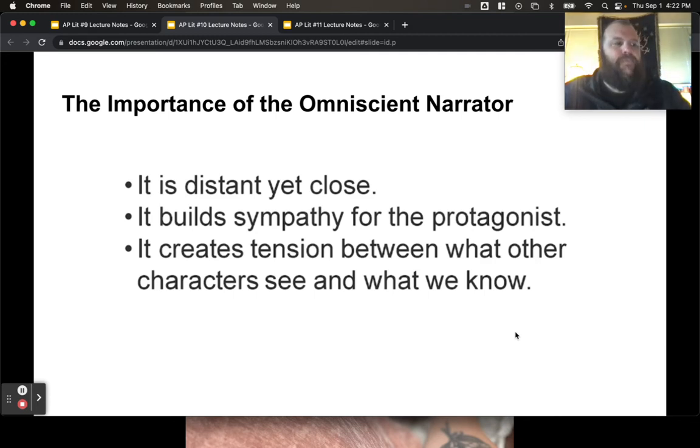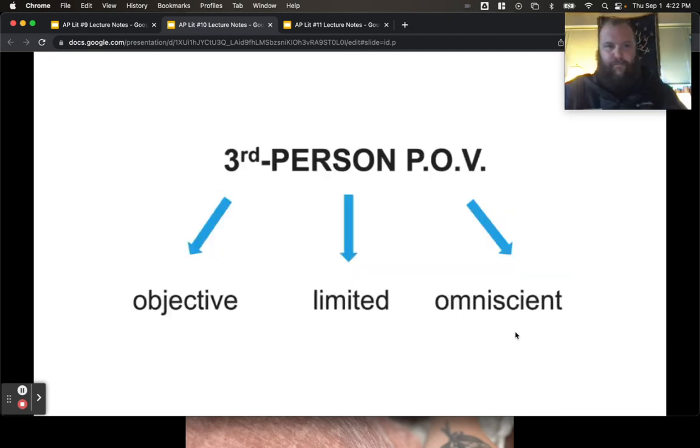And so to wrap up, third person point of view, we have the objective, the limited, the omniscient, right? Depending on the story, it covers it all, kind of. It covers distance, but there can be a sense of closeness, very aimed closeness at a certain character or characters.